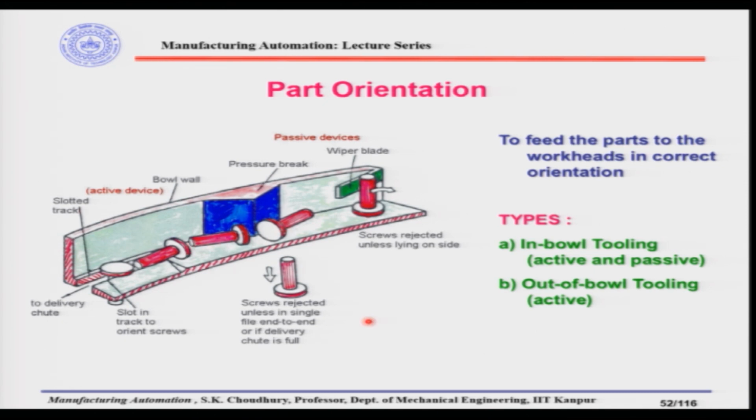What we want after this is that the parts which go further can be only in this orientation. Suppose there is no wiper blade, then the parts will come in this orientation and reach here, but there is a pressure brake. This is another orienting device which is mounted at the wall of the vibratory bowl feeder, and you can see the shape, this is protruded, and this is called the pressure brake.